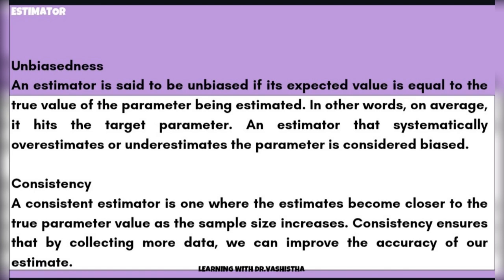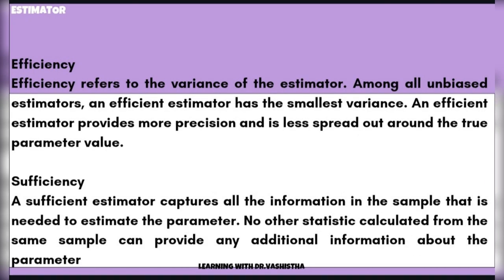Secondly, it should be consistent, which means that the estimates become closer to the true parameter value as the sample size increases. So this consistency ensures that by collecting more data, we can improve the accuracy of our estimate. Then the next property says that it should be efficient.